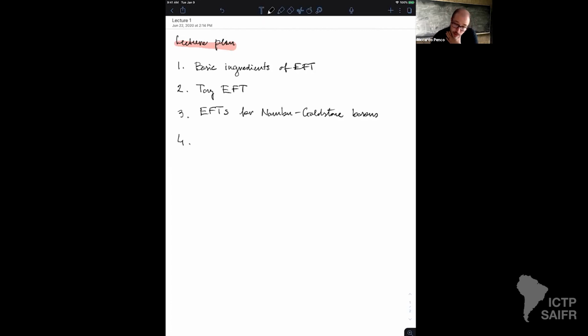And in the last part, we will talk about effective theories for non-relativistic fermions. The 2 concrete examples that I will give in this last part: one is going to be relevant for particle physics, of course, since this is a particle physics course.